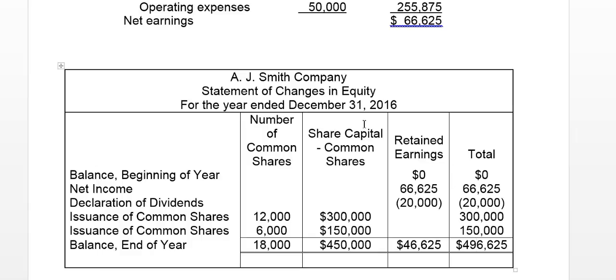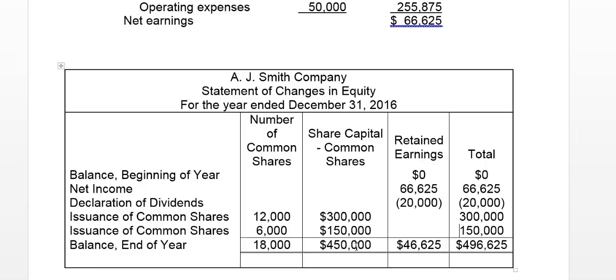All we normally do in the statement of changes in equity is we not only total all the columns that make it up, we also do a row total. So you'll notice here we're totaling the rows as well, and that's how we are reconciling.